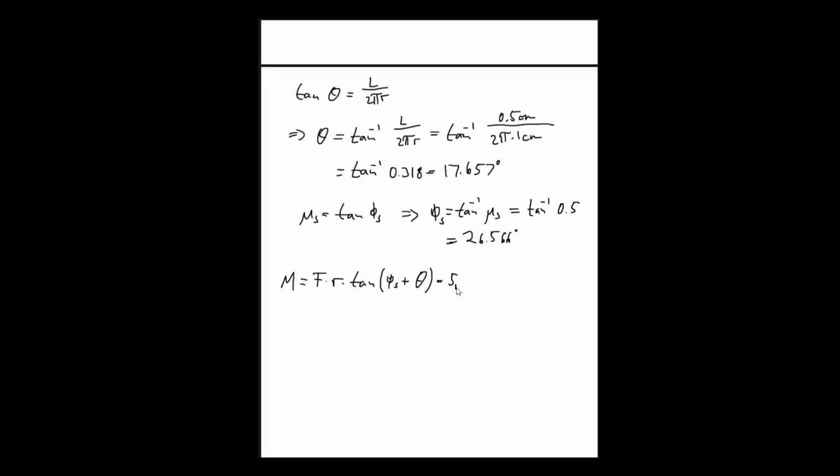So in our case, that'd be 5,000 Newton times, it was 1 centimeter, so 0.01 meters. And tangent, that doesn't fit, does it? Let's just write all this on the next line. 5,000 Newton times 0.01 meters times tangent of phi s, we said, was 26.566 degrees, plus the screw angle 17.657 degrees.